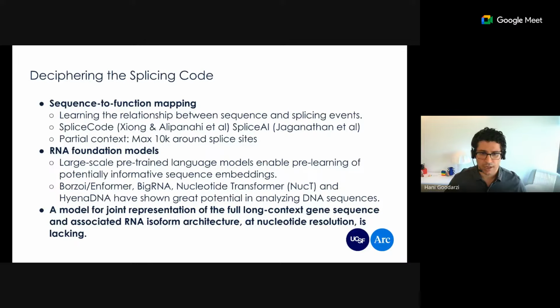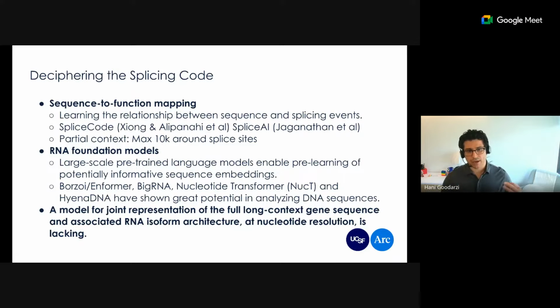For example, Calico, David Kelley, has a series of models like Borzoi and Reformer that model the genome to transcriptome relationship, not specifically splicing, but there are things about splicing that the model understands. There's BigRNA out of Deep Genomics, again Brendan Frey's group. There are also models like Nucleotide Transformer and HyenaDNA, which are genome models but can capture aspects of the transcriptome architecture as well.